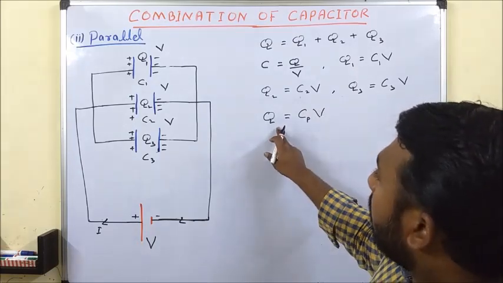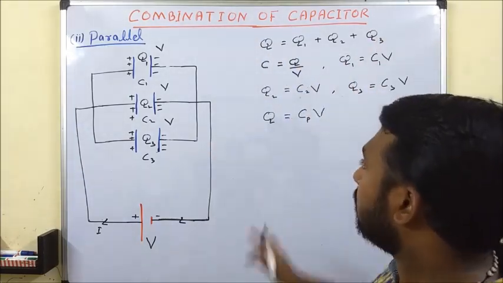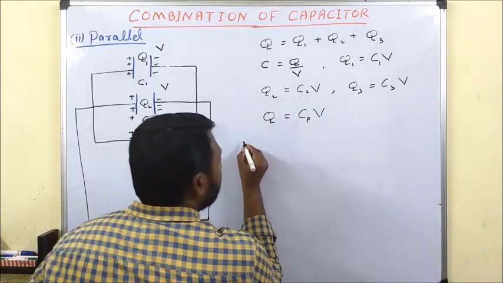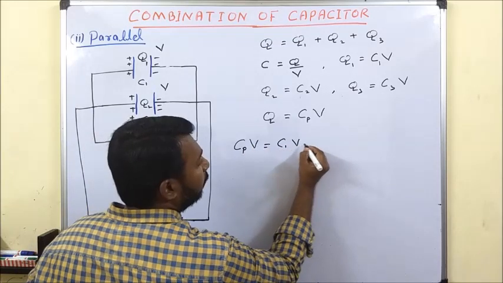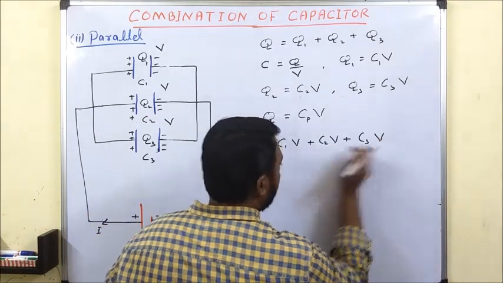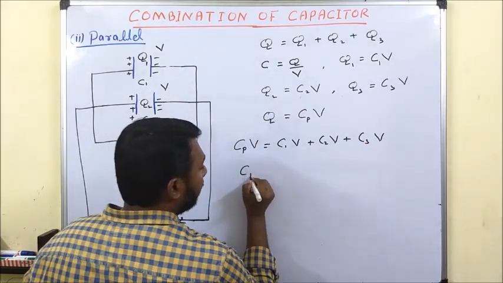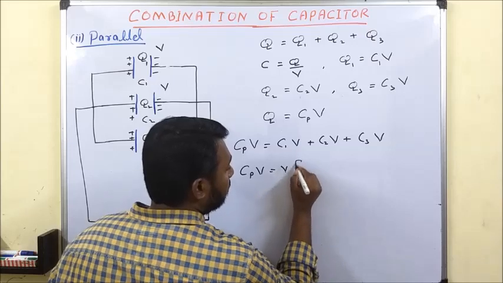So let us substitute all the values Q1, Q2, Q3 and Q in the first equation. So that will become CP V is equal to C1 V plus C2 V plus C3 V. So V is common here, let's take the common outside.